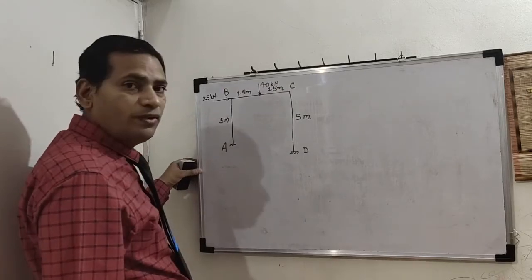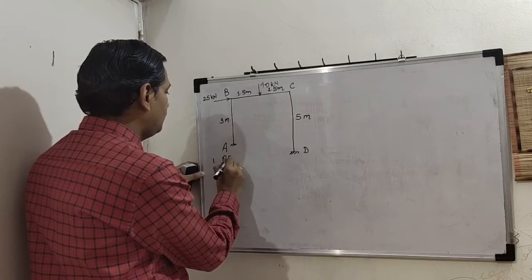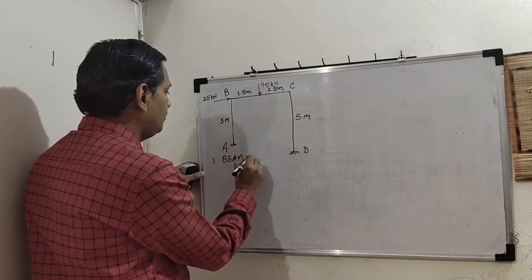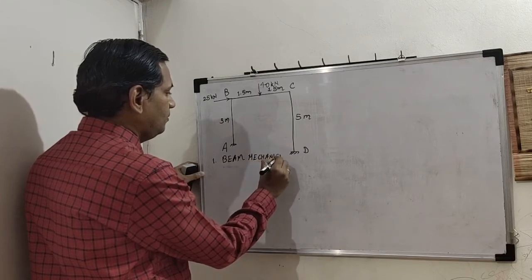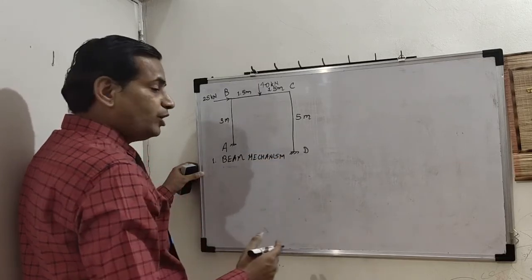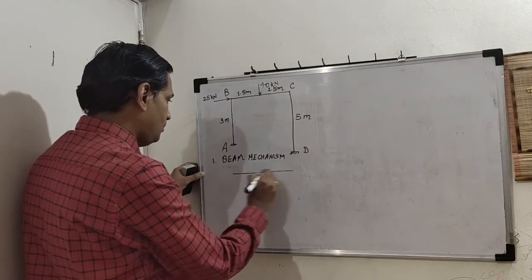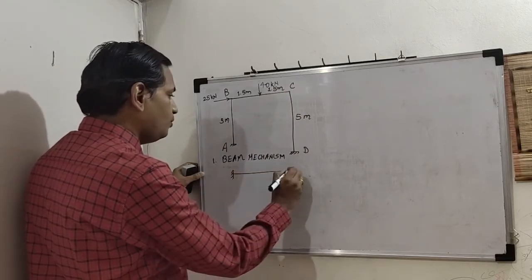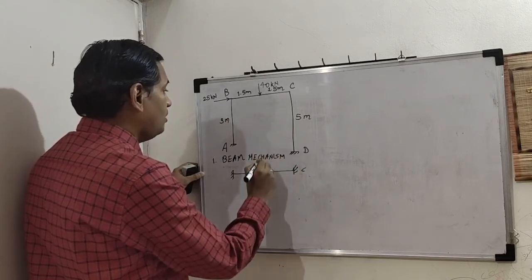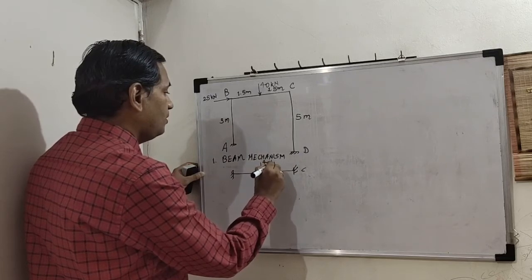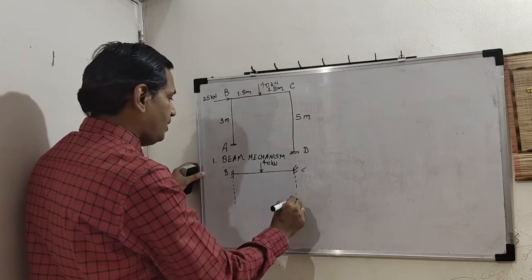So let us start solving. First is beam mechanism. So in beam mechanism, beam BC, very simple. Internal joints B and C are assumed to be fixed. The point load is central, 40 kilonewton. So this is very simple and straightforward.